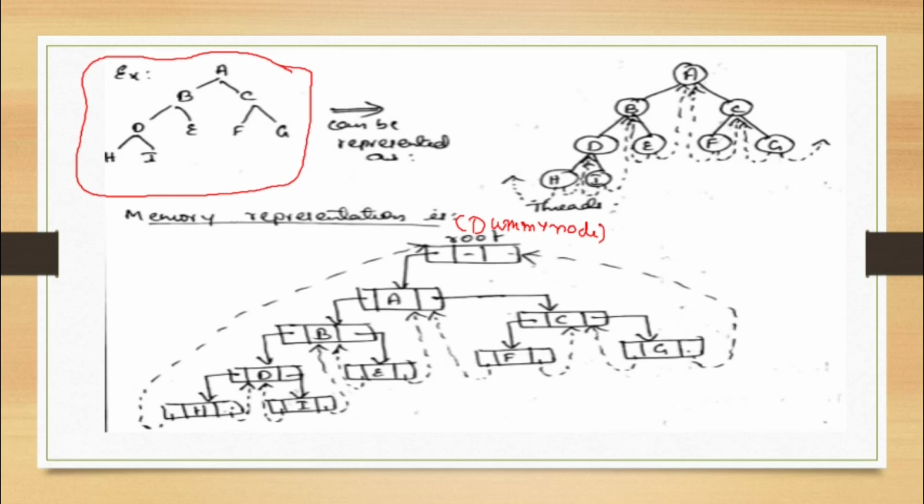The left and right of F are null, the left and right of G are null, the left and right of E are null, the left and right of I are null, and the left and right of H are null.